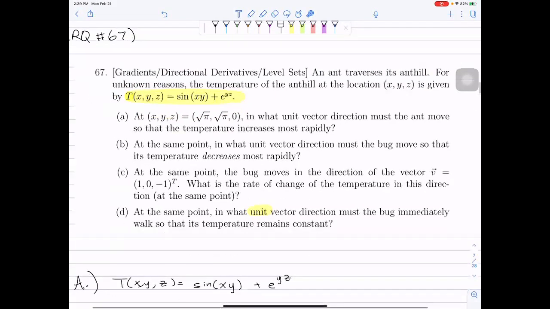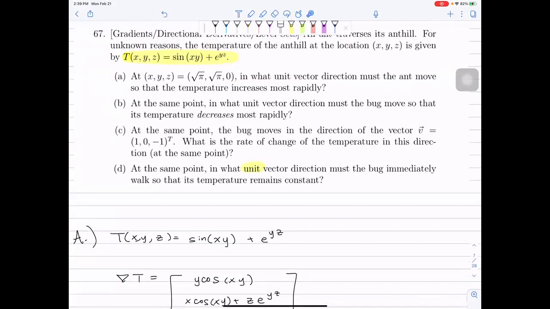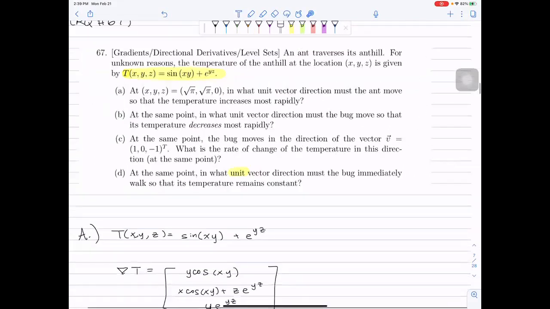Oh, okay. Then the first question says, at some point, in what unit vector direction must the ant move so that the temperature increases most rapidly? So that should be this definition here, right? We're trying to find the u so that our f increases most rapidly. So we should be using this definition.